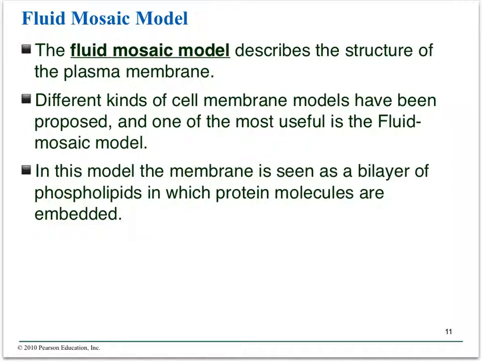Now, the model that they use is described as the fluid mosaic model, and that just is a description of what the plasma membrane structure is. There are different kinds of cell membrane models, but the one that we use in this class is called the fluid mosaic model. And it is a bilayer of phospholipids.